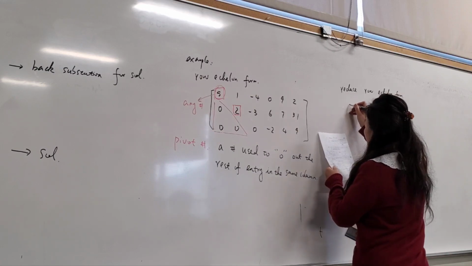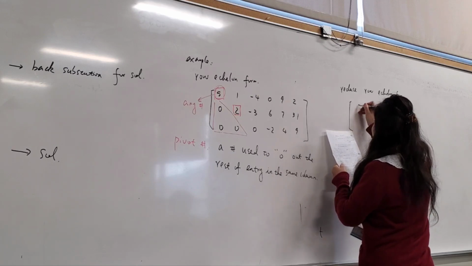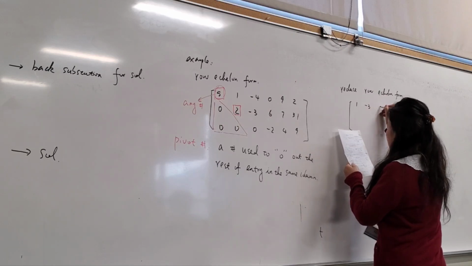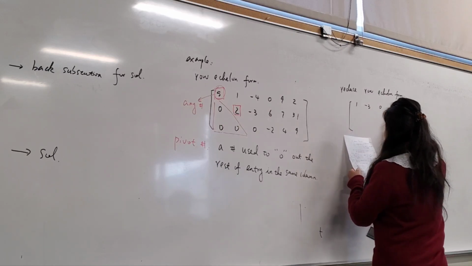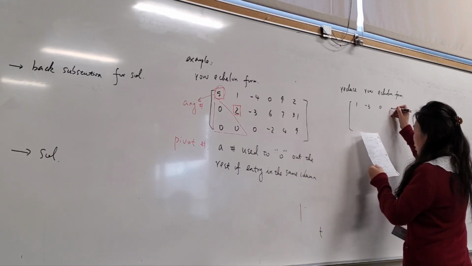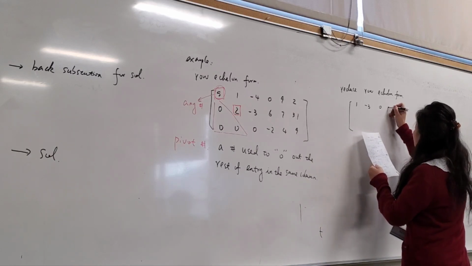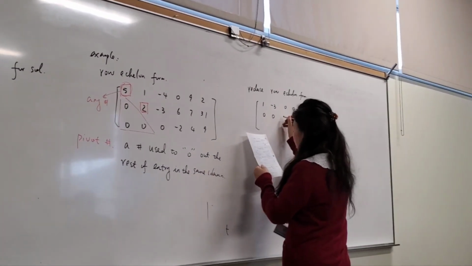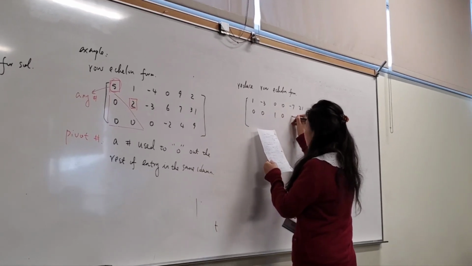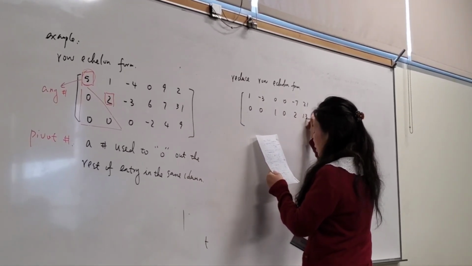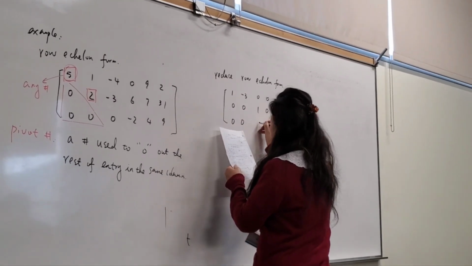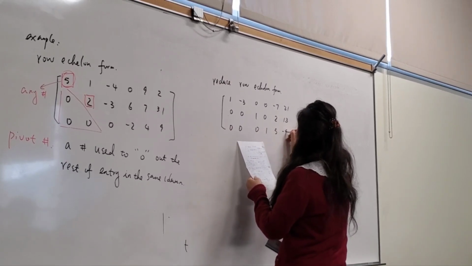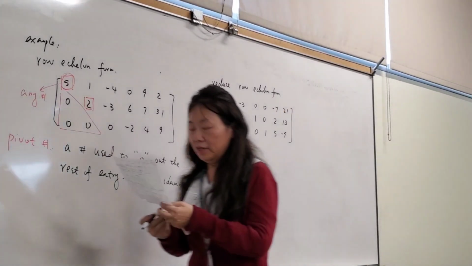The matrix: 1, negative 3, 0, 0, negative 7, 0, 0, 1, 0, 2, 13, 0, 0, 0, 1, 5, negative 9.